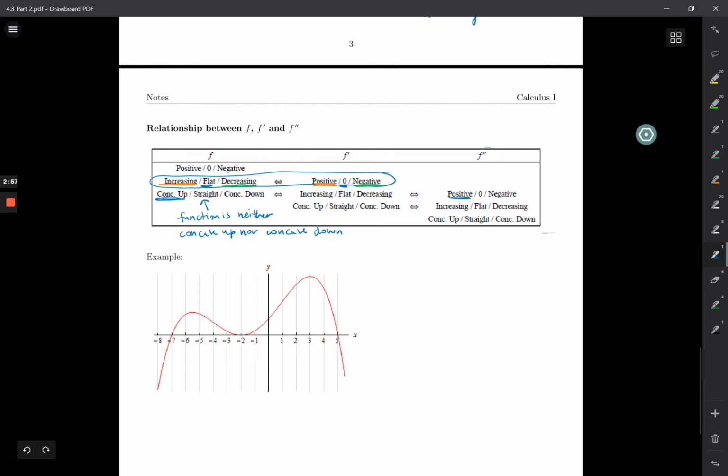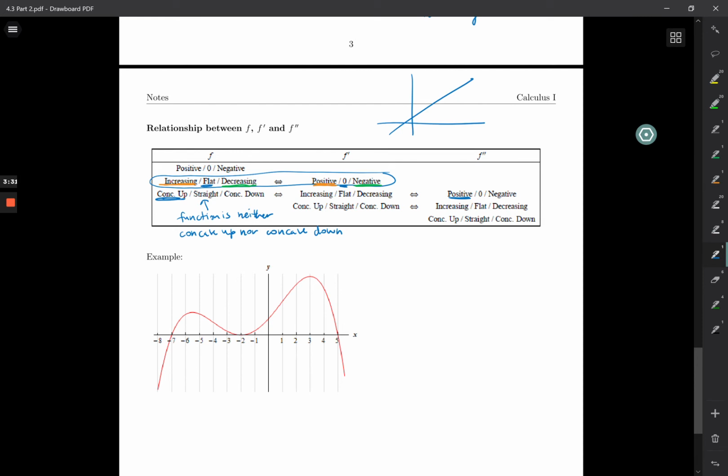So this could happen at a single point, or it could happen on an interval. If it does happen on an interval, this is related to a question that was on the worksheet from last class. If you have a function that's neither concave up nor concave down, let's say on the whole real line, then it actually has to be a straight line like this.